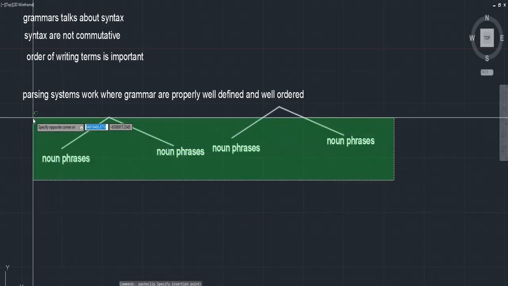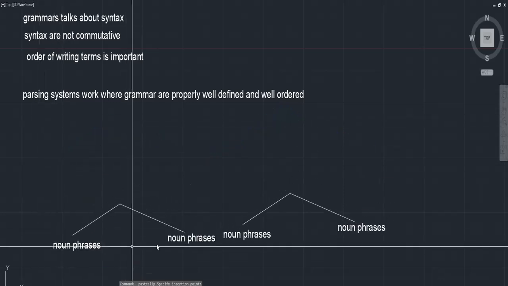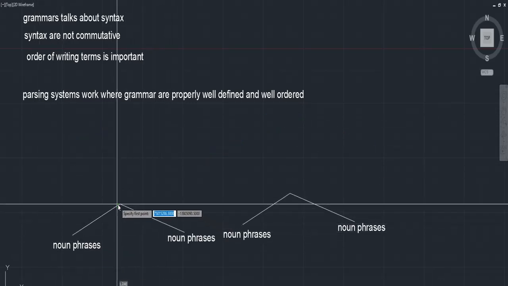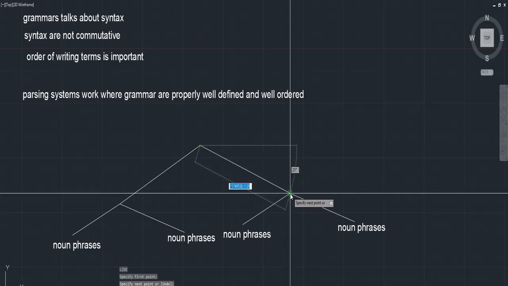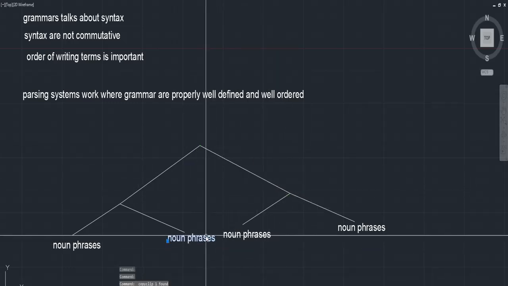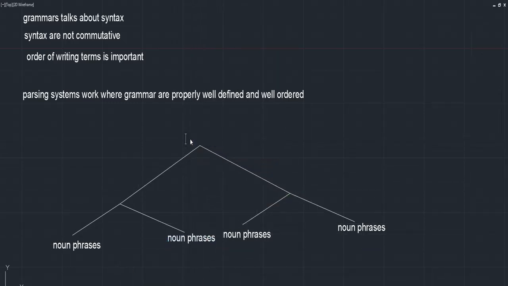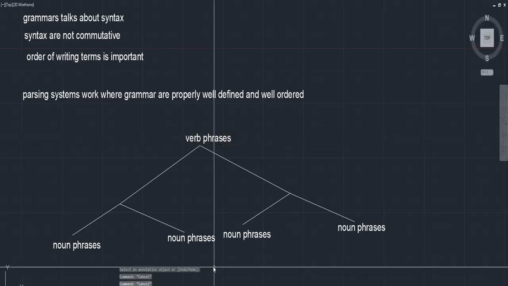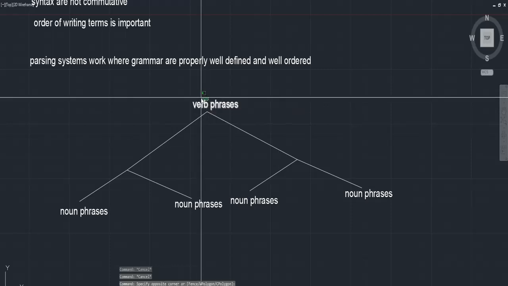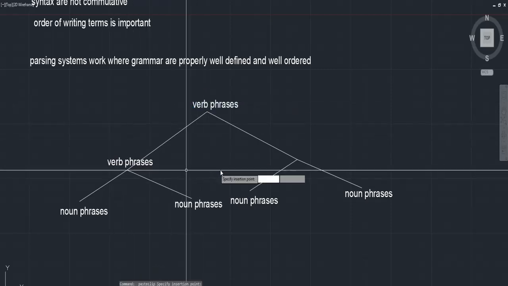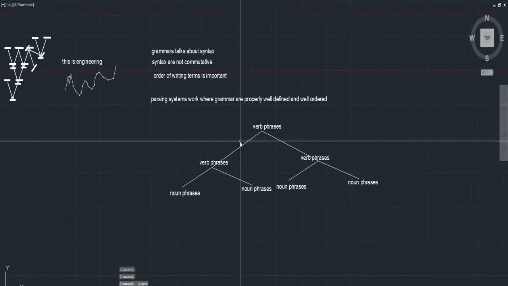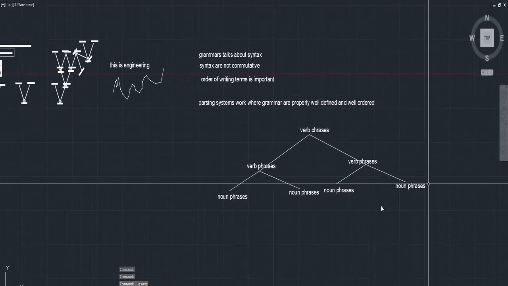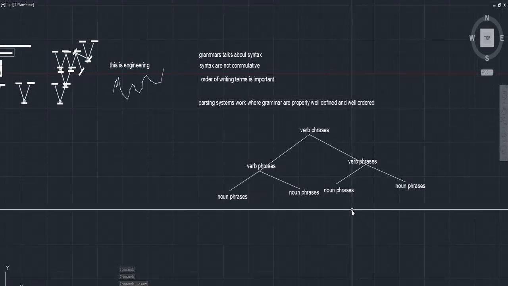Then the syntax is important, because these noun phrases always attach with some verb phrases, and those verb phrases are the actionable objects. These verb phrases connect the noun phrases differently, and then it prepares the meaning, and the parse tree systems can work only when the syntax is well ordered, and well orderliness is very important.